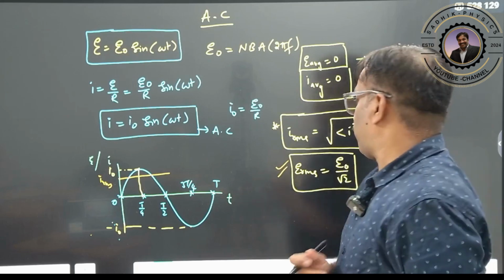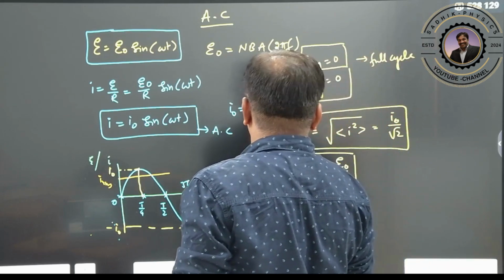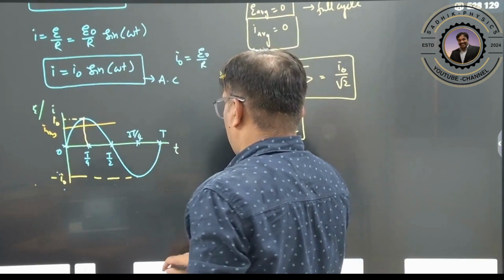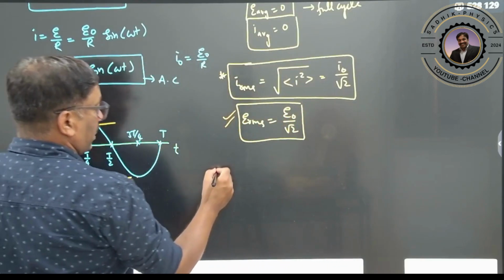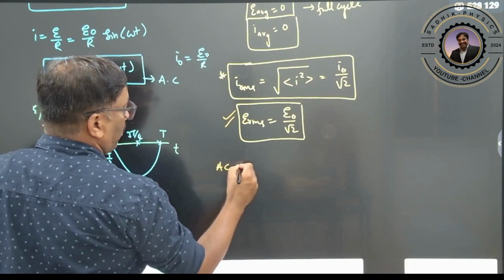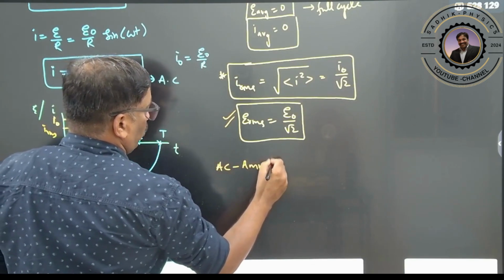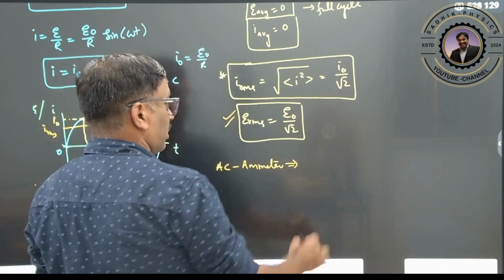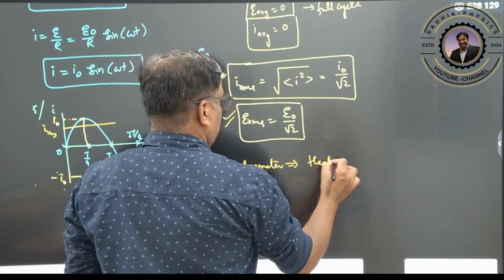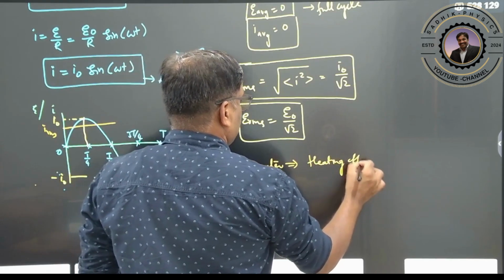Clear? Now how do we measure it? For alternating currents we use an AC ammeter. How does it work? An AC ammeter works based on the heating effect of current. Why?